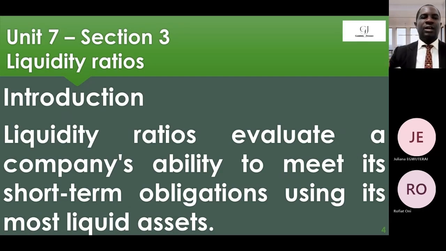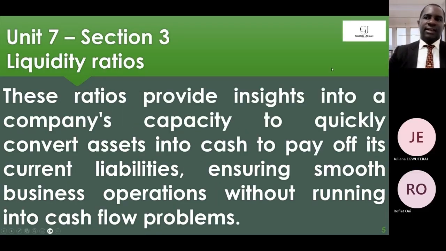So you want to meet these obligations using your most liquid assets. So not your long-term assets, which are in form of non-current assets, but your most liquid, which are short-term assets. These ratios provide insights into a company's capacity to quickly convert assets into cash to pay up current liabilities.